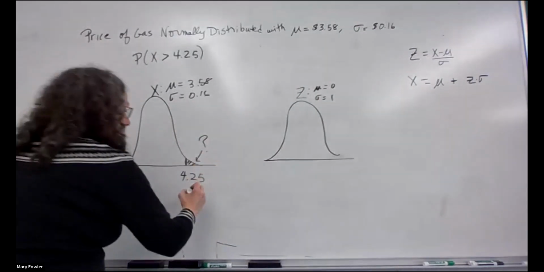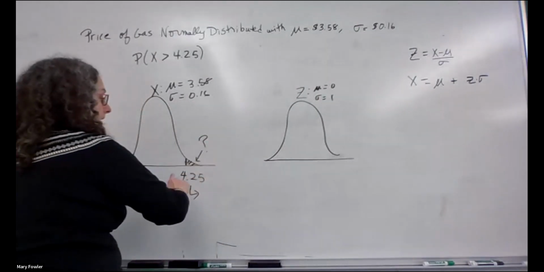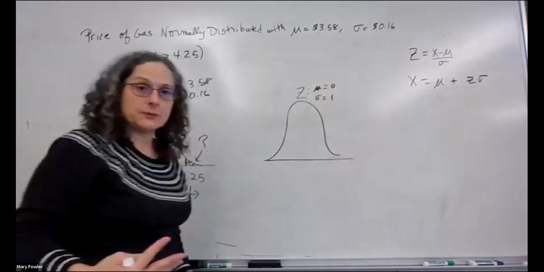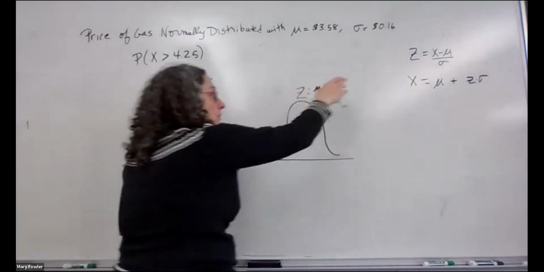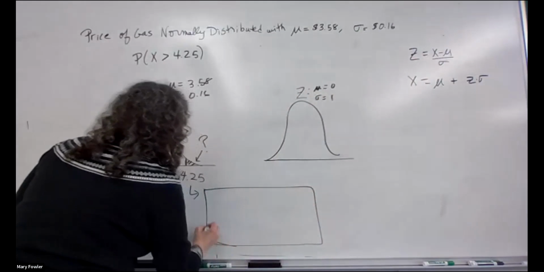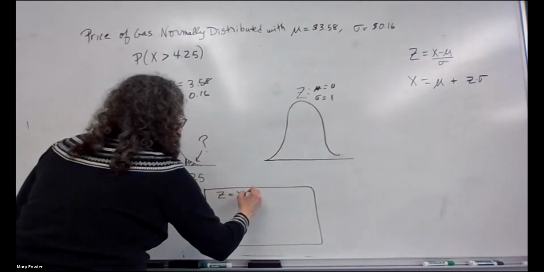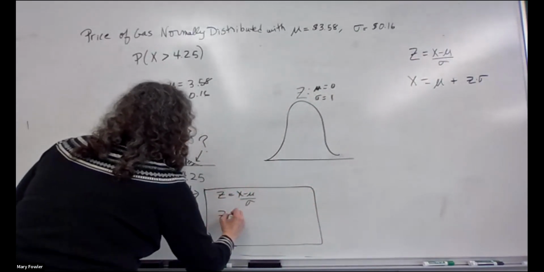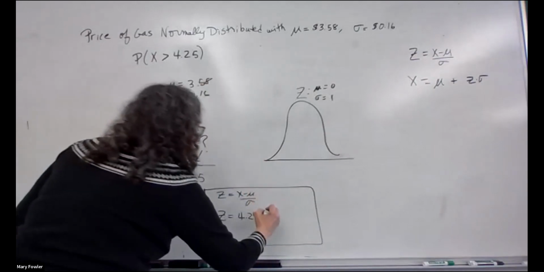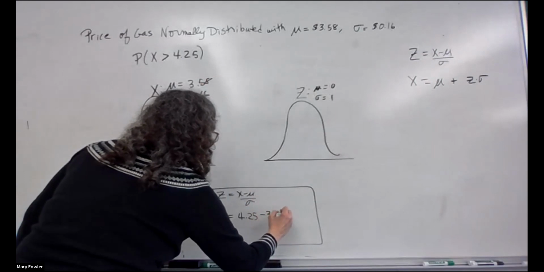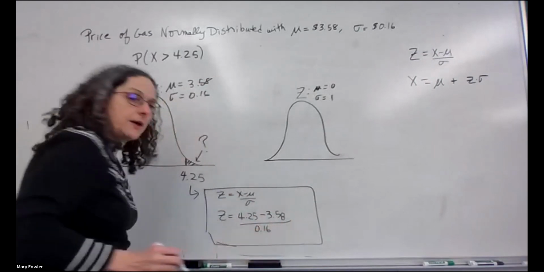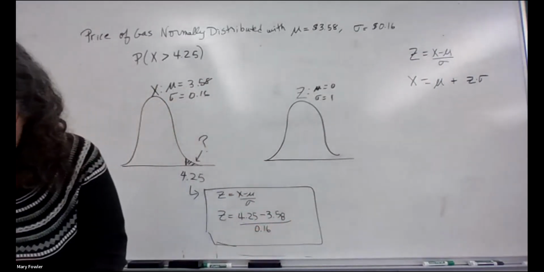So what we need to do, we have an X value. We want to get a Z value. When we're looking for probabilities, we always do it in this direction. Okay, so let's go ahead and transform. So 4.25 minus 3.58 divided by 0.16, and we need that to 2 decimal places.